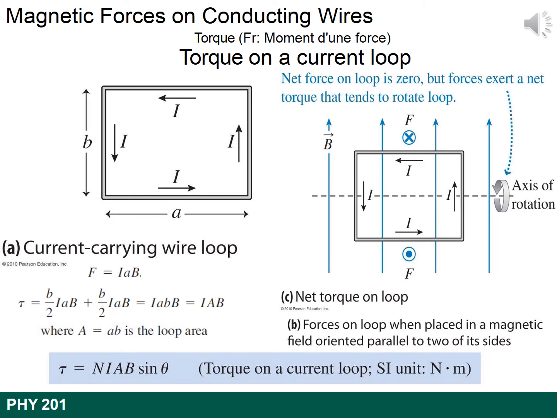Now, finally, when you have an object with two opposite forces applied on different points, the sum of forces is zero, but it means I won't have translational motion, I will have rotation. We talked about this when I want to open a door.